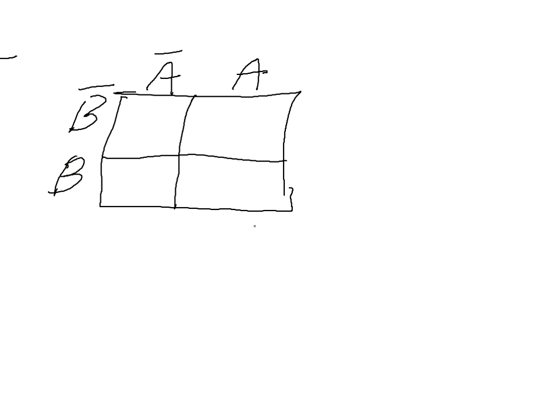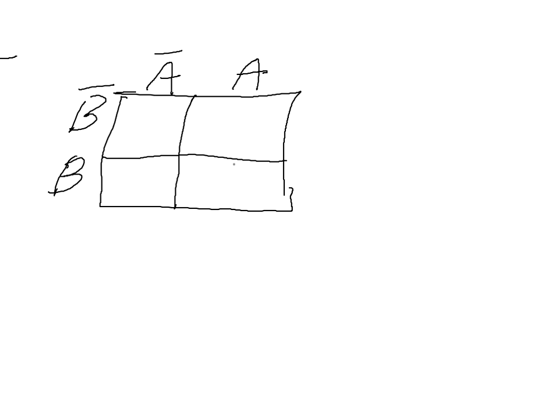Next, second cell, A, B bar: A is 1, B is 0. So, the characteristic of an OR gate, when one of the inputs is 1, the output will be 1. So, we know that for an OR gate, the output is 0 only when both A and B are 0.